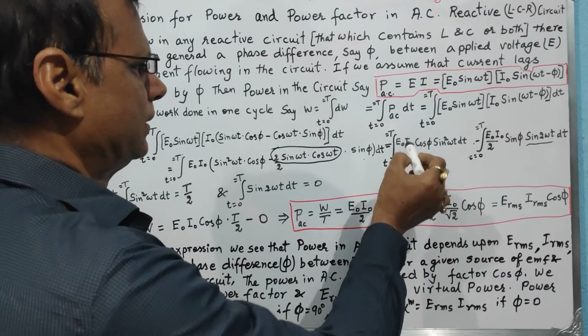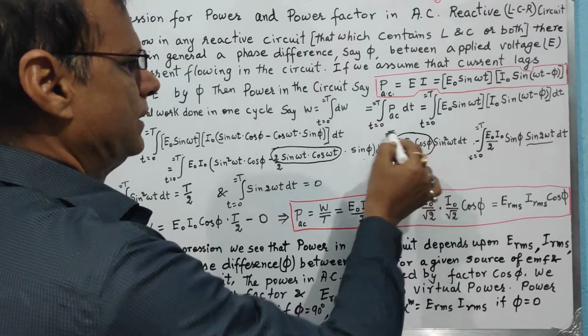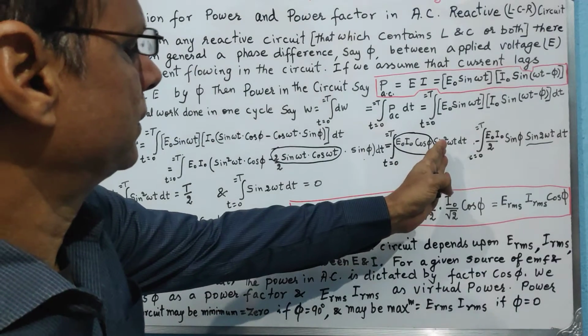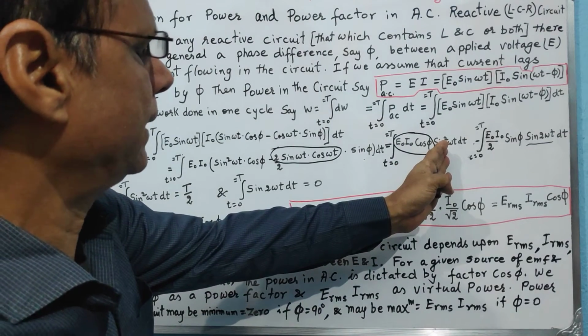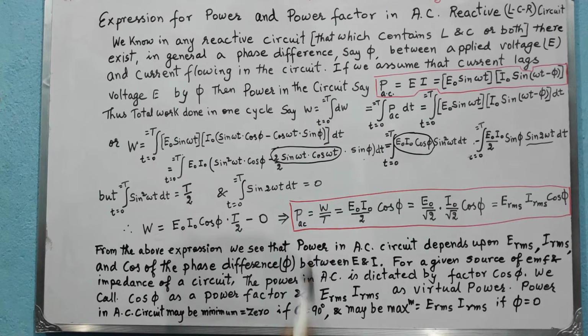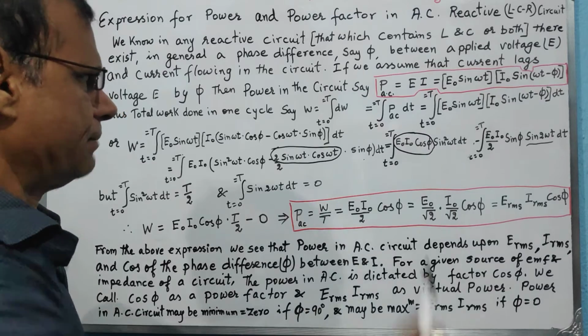So we are writing E0 I0 cos phi together because these are constants. So only the factor which can be integrated is sin square omega t dt. That is left aside at one end, and constant factors are kept at another end.